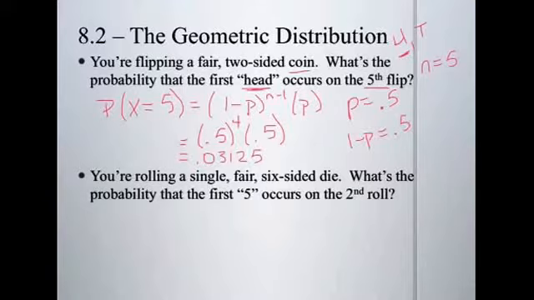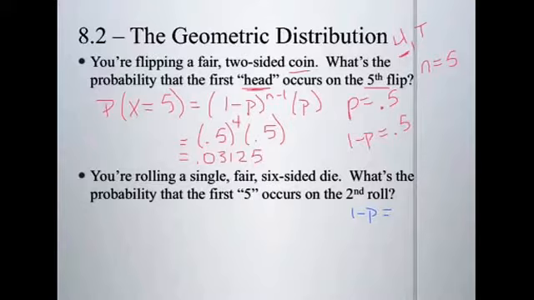Let's try the next one, where the probability for success and failure is not the same. So I'm rolling a single fair six-sided die. What is the probability that the first 5 occurs on the second roll? The probability of failure here, 1 minus p, is not getting a 5.